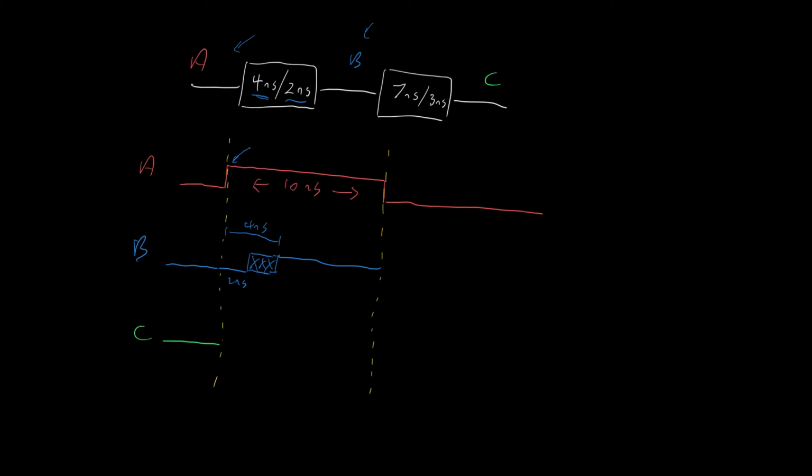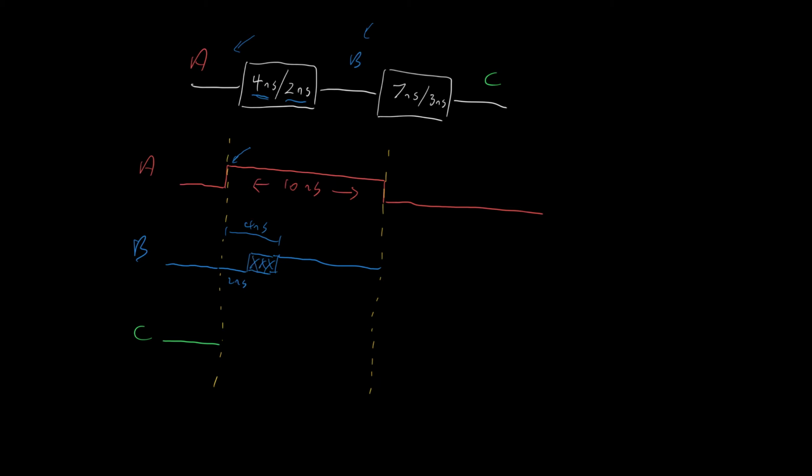To summarize, in the first case we have a very sharp transition here. We therefore start our contamination delay timer and our propagation delay timer at the same point because of this very sharp transition. The contamination delay timer expires 2 nanoseconds later, and that's when the output B enters its unknown state.